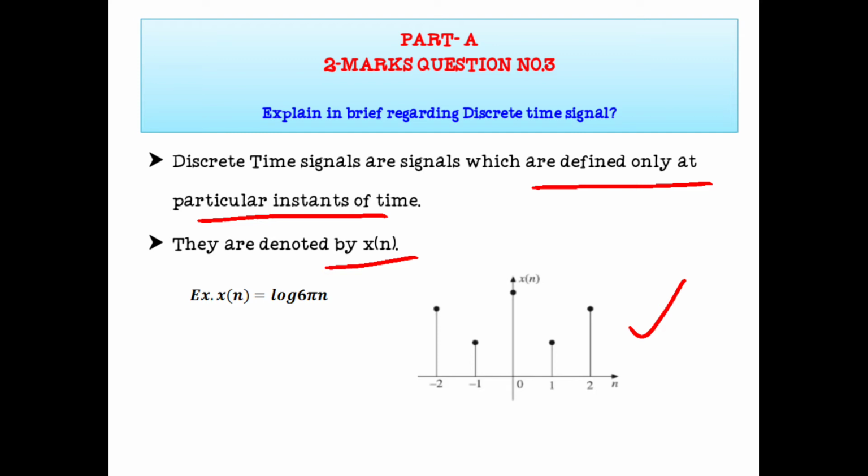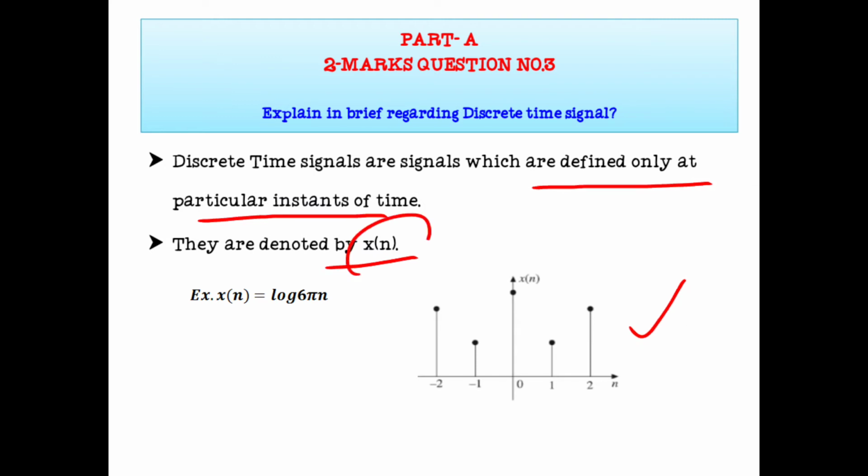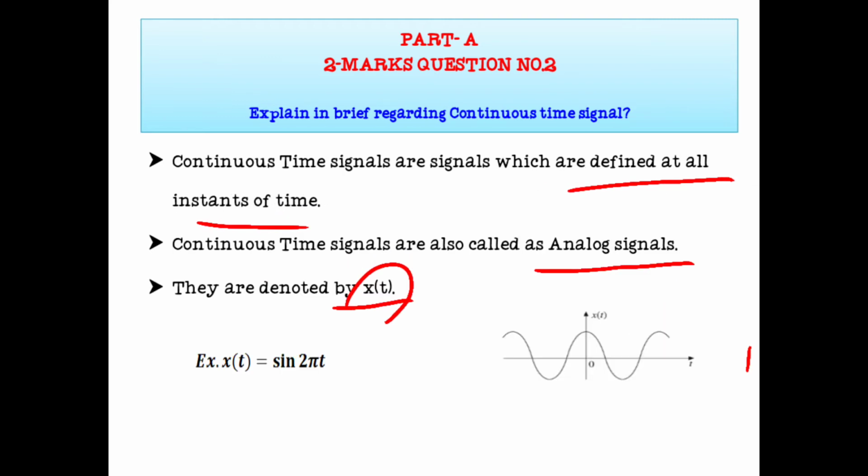They may also ask you the differences between continuous time signal and discrete time signal. You can write continuous time signals are denoted by x of t. Discrete time signals are denoted by x of n. Then the second point, continuous time signals are defined at all instants of time.